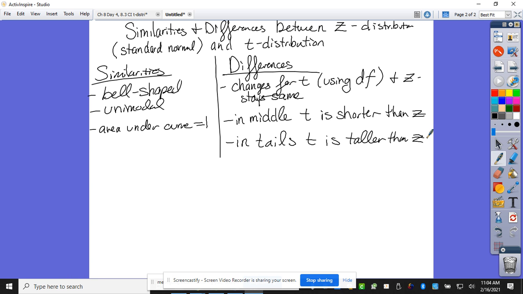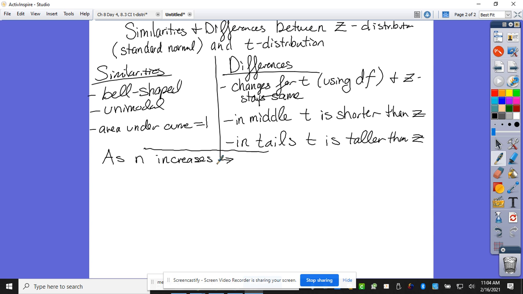And then I don't really like putting it as a similarity or a difference, but as N increases, what? We already talked about this, like we showed how it works with the shorter and taller part.